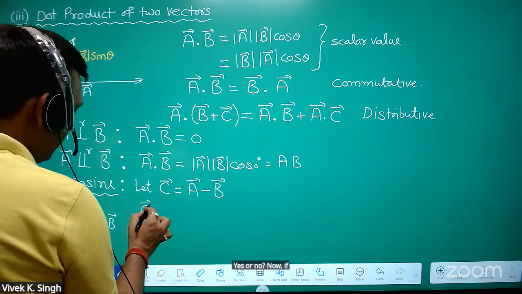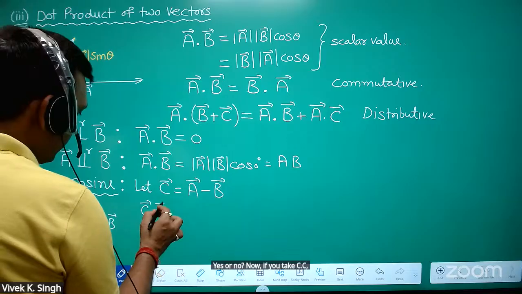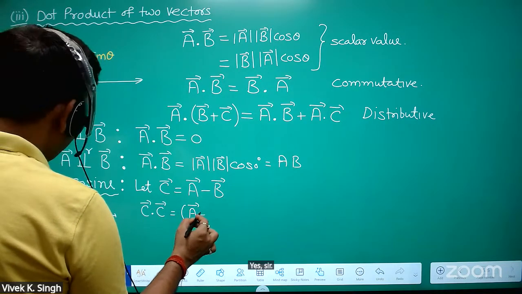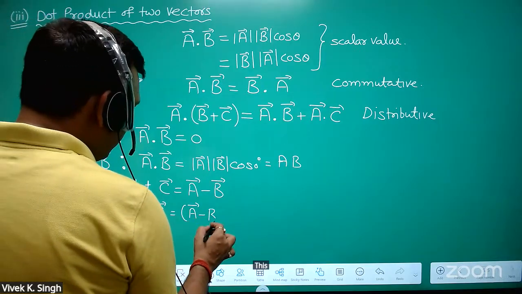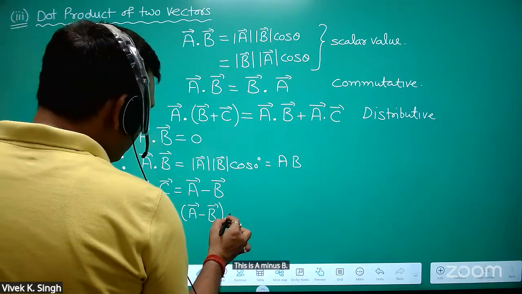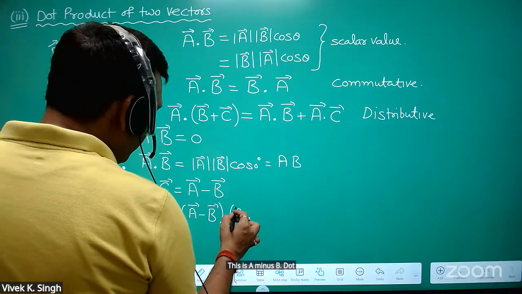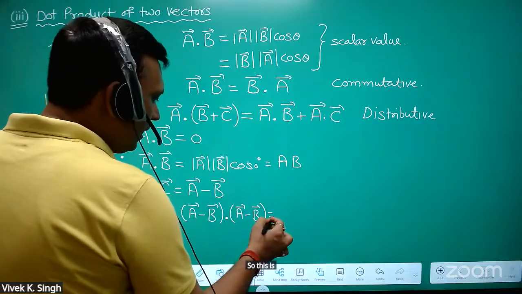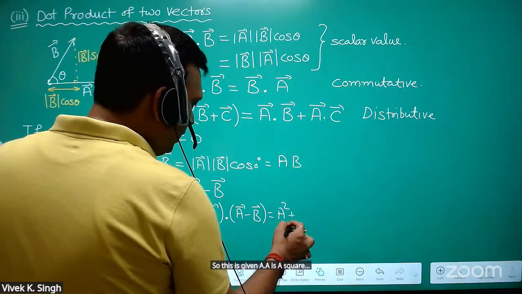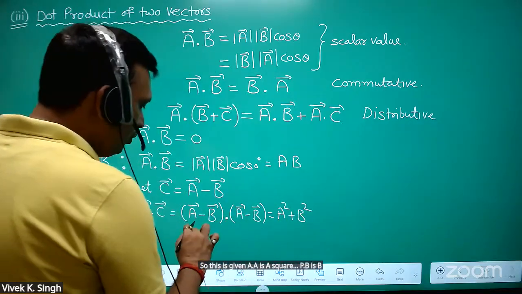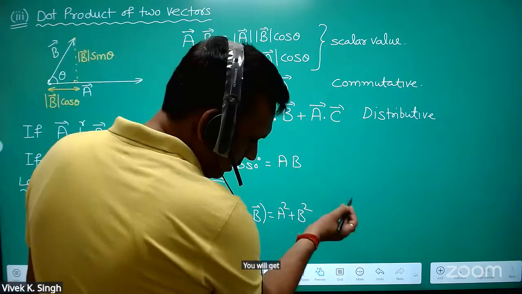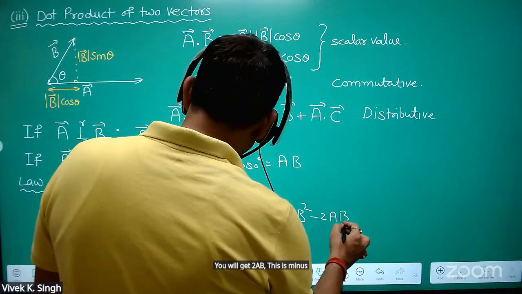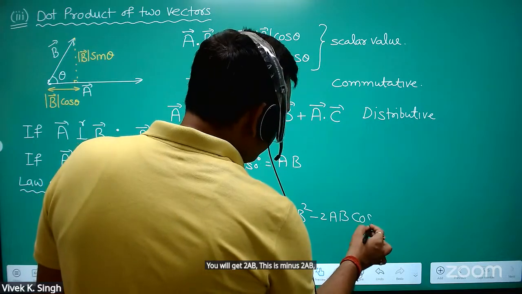Now if you take C dot C, what will you get? This is A minus B dot A minus B. So A dot A is A square, B dot B is B square, and you will get minus 2AB cos theta.